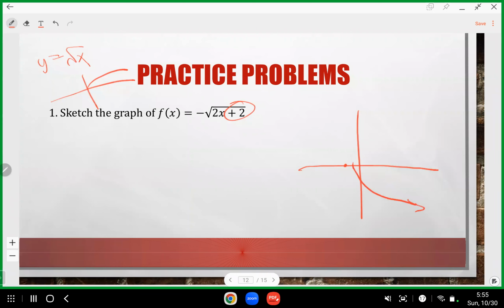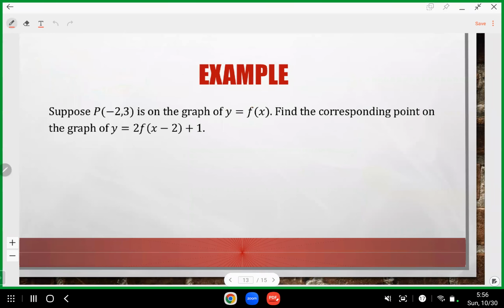It'd be more accurate if I use points, but we're running out of time, so you've got to make it quick. Remember that after you shift it and you compress it, sometimes you have to move it back.